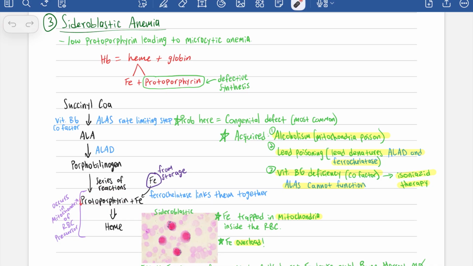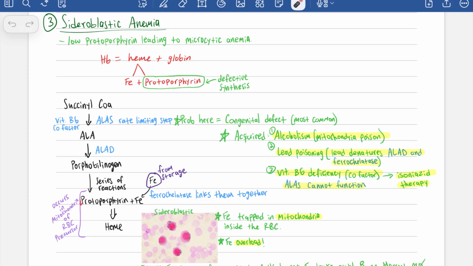There are also other reasons why you may have sideroblastic anemia. One of them being alcoholism, because it's literally poisoning your mitochondria. And remember, this step right here occurs in the mitochondria. So if your mitochondria is messed up, protoporphyrin in the mitochondria is going to be messed up.